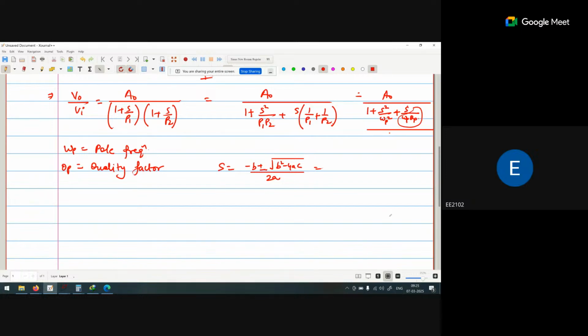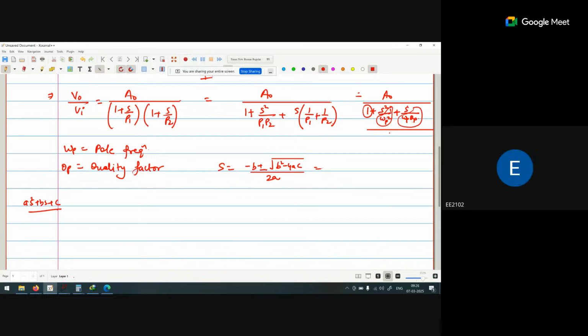The value of a is this one, and the value of c is this one. Comparing this as S square plus B S plus C, the multiplier of the S term is B, the multiplier of the S square term is A, and the constant term is C.